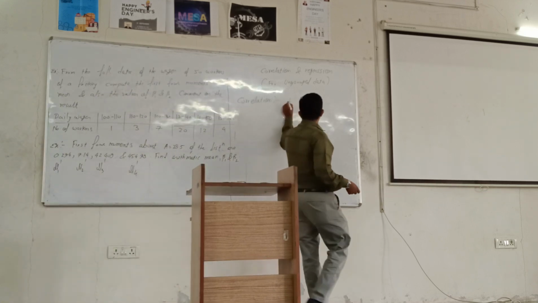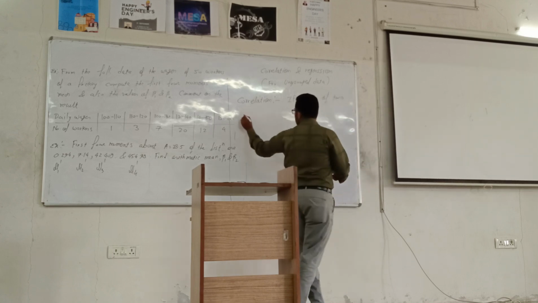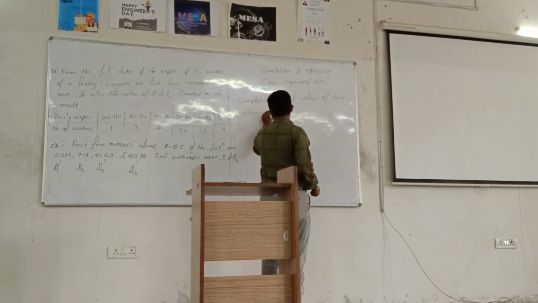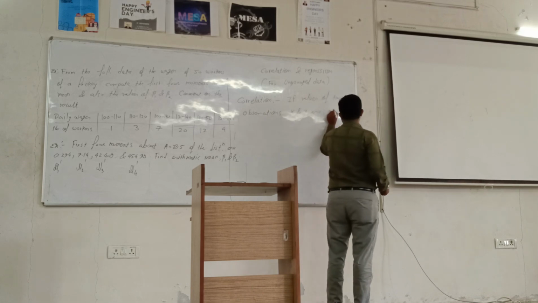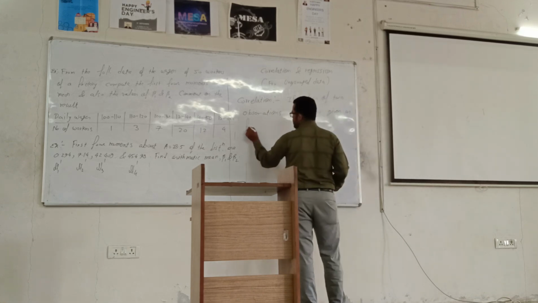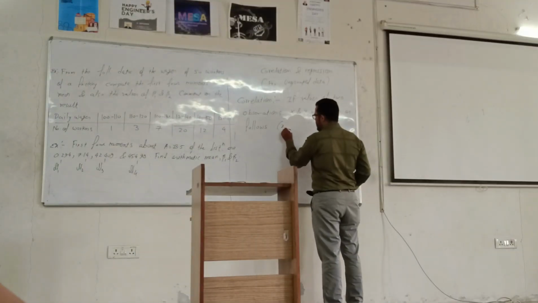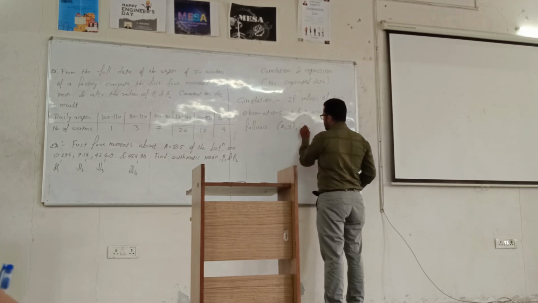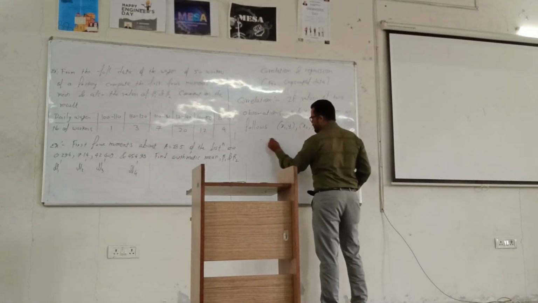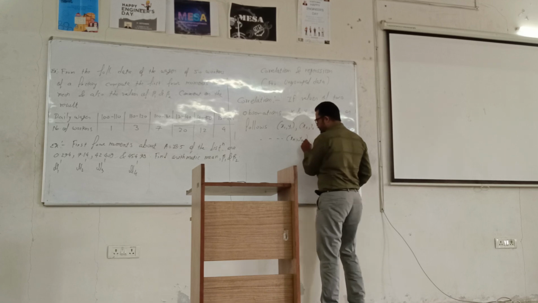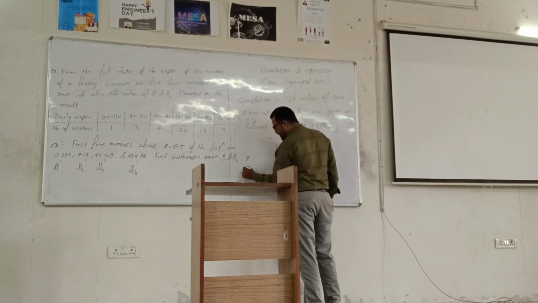If value of two observations x and y are given as follows, I have first value x1, y1, x2, y2, x3, y3, and so on up to xn, yn, that is, I can write it as in the table x comma y.